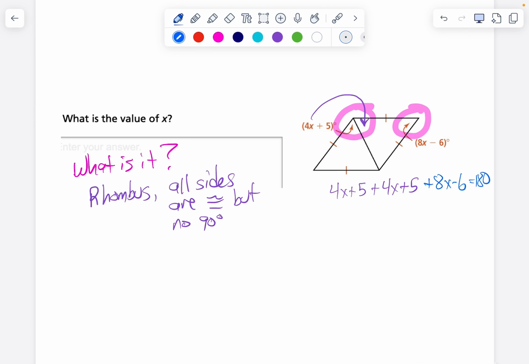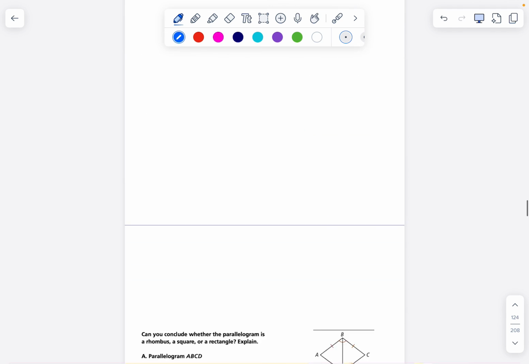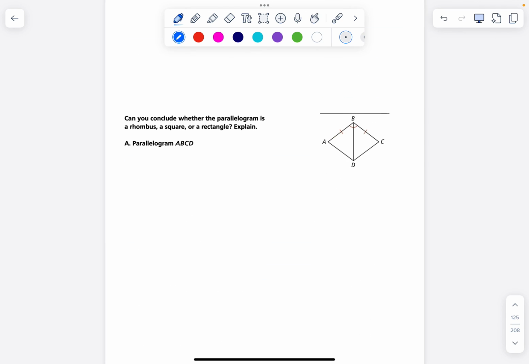And then from there, we're just solving. So 8 and 8 makes 16, 5 and negative 6 makes 4. And that's 16x, not 16. Okay, 16x equals 176. Did anybody do that division? Cool. All right, maybe we'll come back to some of these.